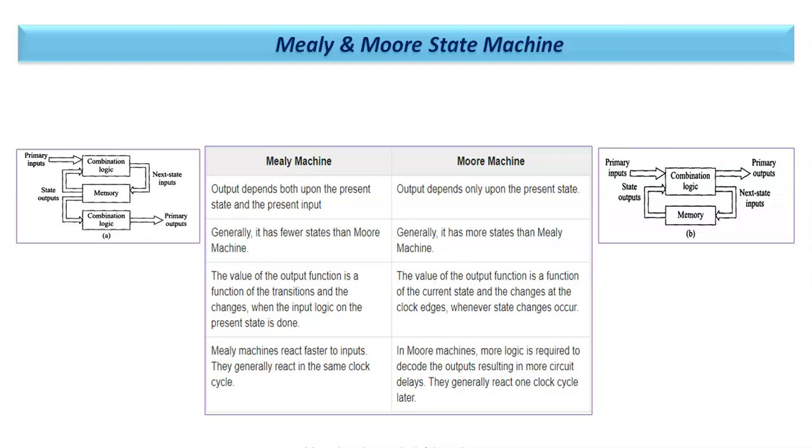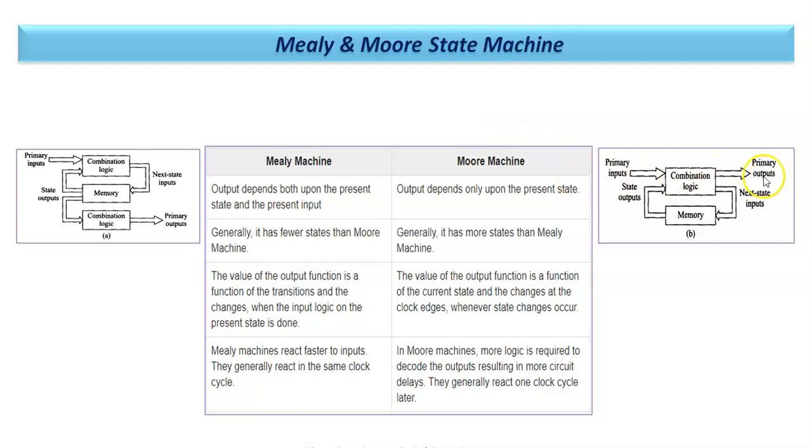Now what is the difference between Mealy and Moore? Same thing we have seen earlier, I'll be repeating it here in terms of points. This is the diagram that we have seen for the Mealy, and this is the diagram for Moore. Here my output and the next state depend upon input as well as present state. So this memory will be giving you the present state, and depending upon input and the present state, my next state as well as output are decided.